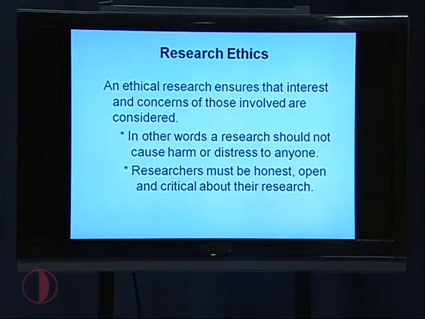Of course, research ethics, as I said in the beginning, is a very important and fundamental part of research methods. So an ethical research ensures that interests and concerns of those involved are considered. In other words, it shouldn't cause any harm or distress to anyone.